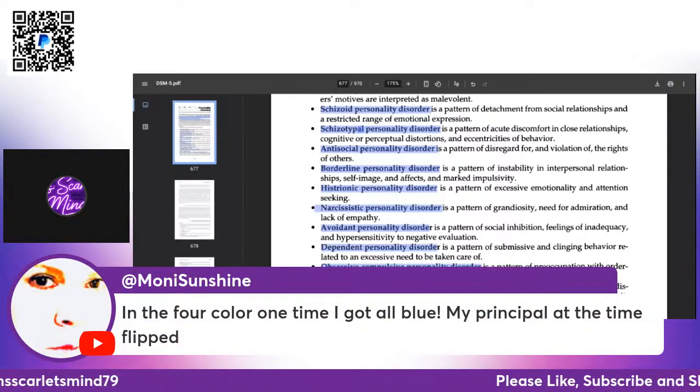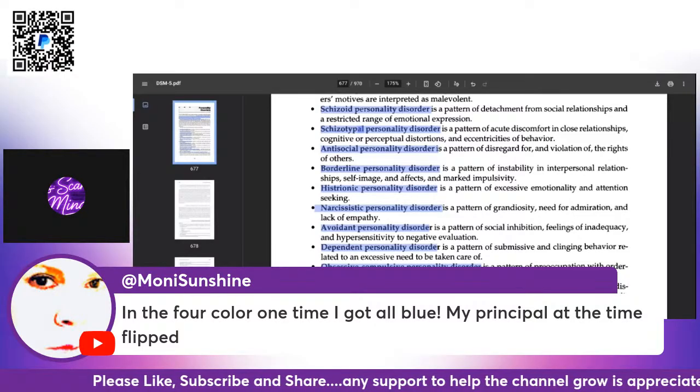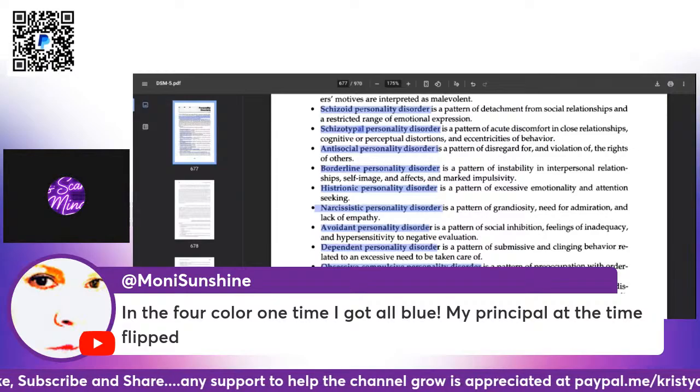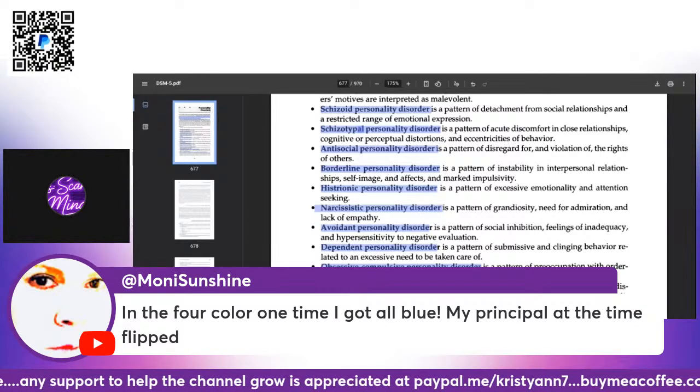Moni G says, in the 4-color one time, I got all blue. My principal at the time flipped. 4-color one. What's a 4-color one? I don't even know what that is.